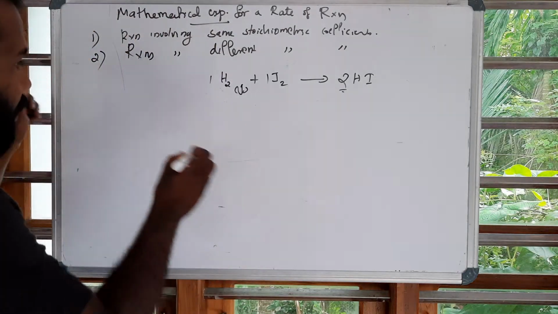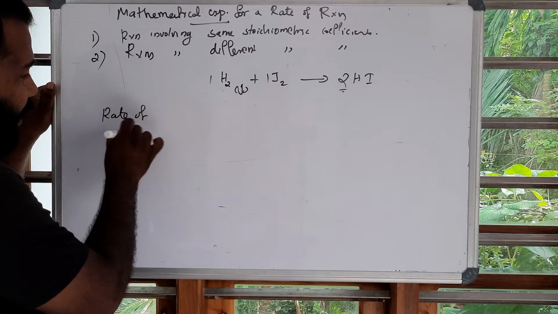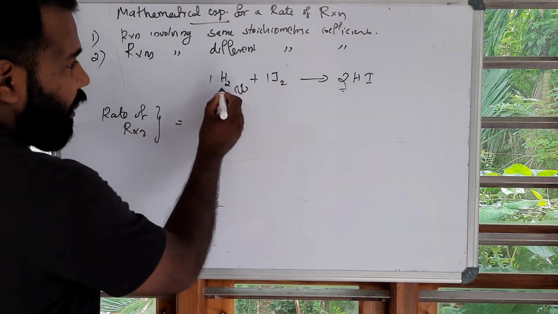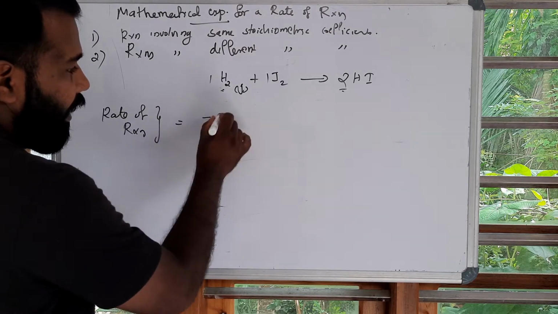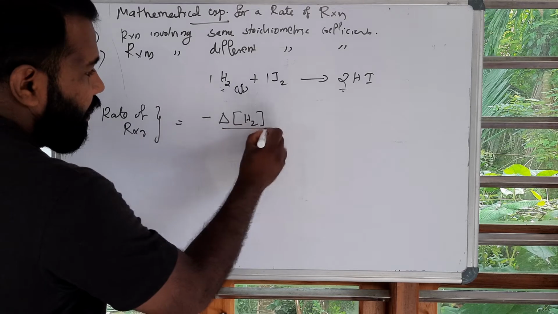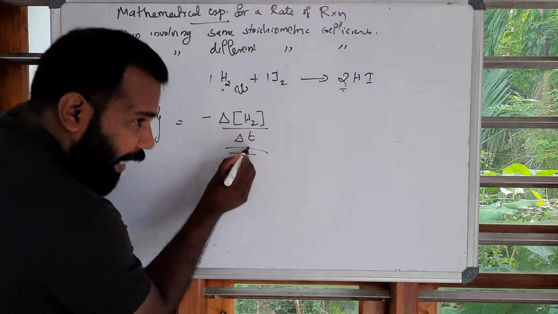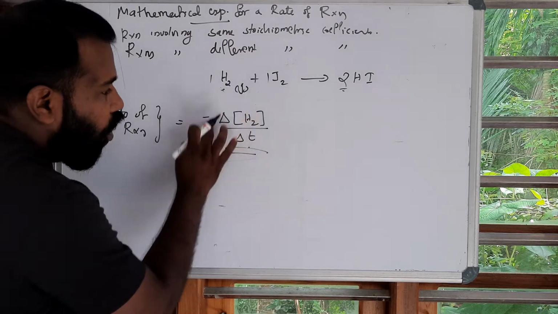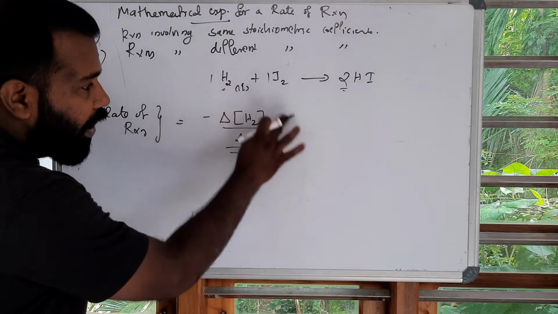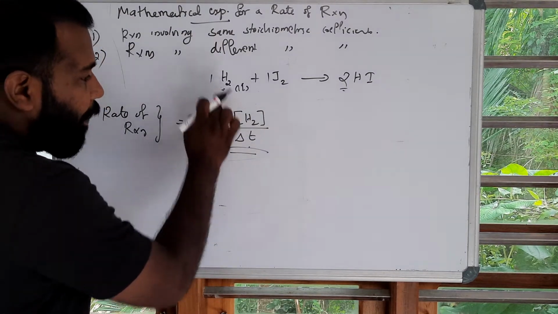So the rate of reaction is equal to minus delta change in concentration of hydrogen divided by delta T. This is called rate, with respect to time; this term is the rate of change of concentration of hydrogen, divided by its own coefficient.